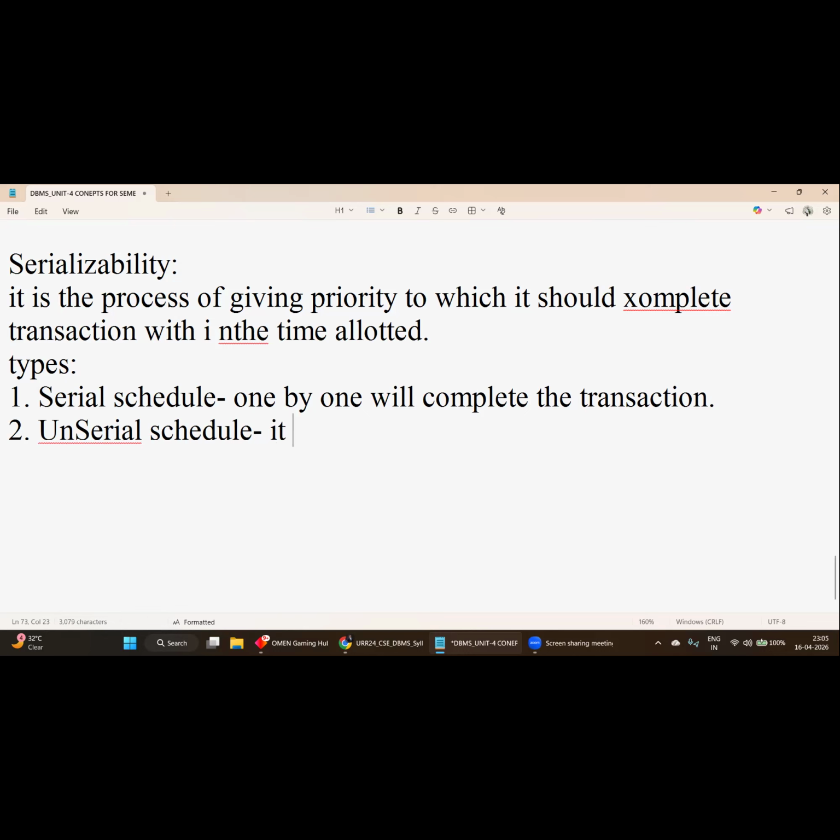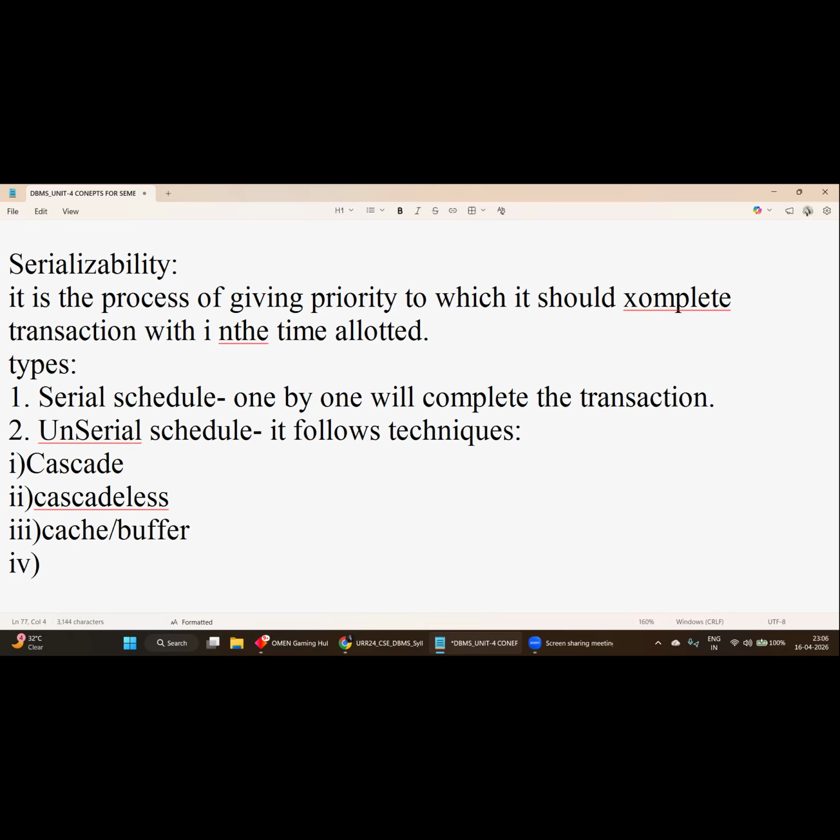It follows some techniques. Those are cascade, second one is cascadeless, and third one is cache or buffer.